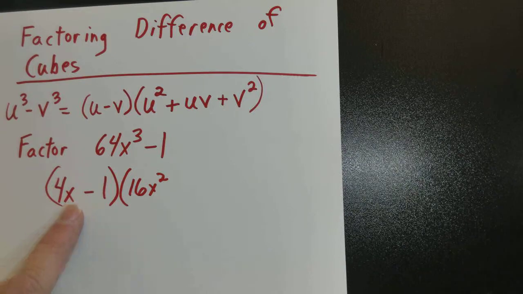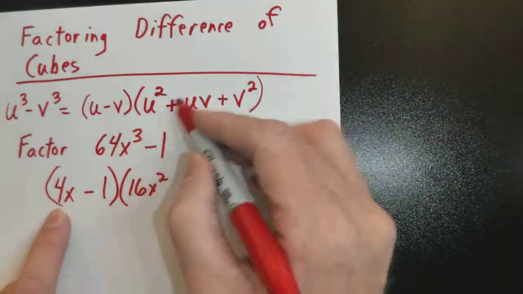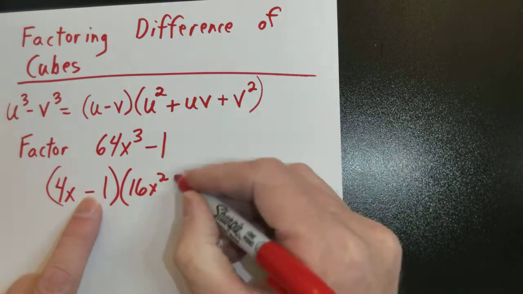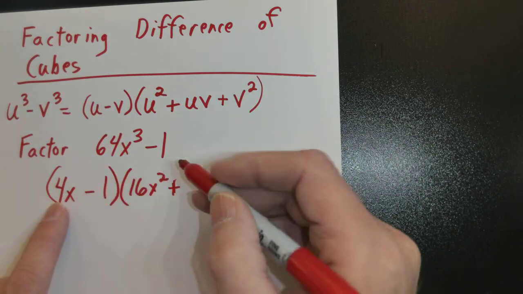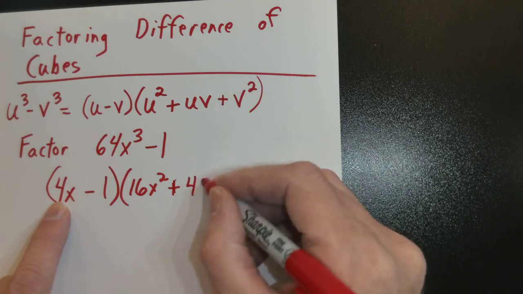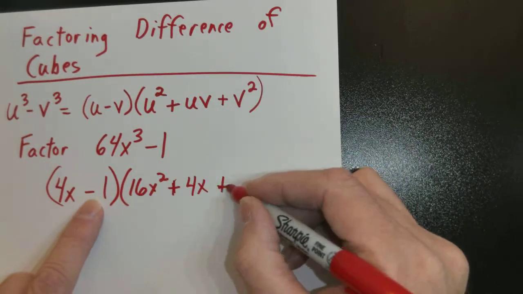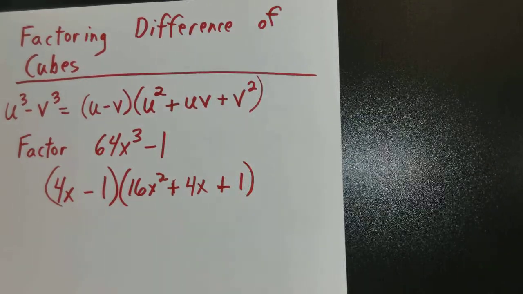I'm using this pattern here. If my u is 4x, when I square it, I'm getting this. This is plus. I've already taken care of the negative right here. So it's plus 4x times 1, which is 4x, and then plus 1 squared, which is 1. You guys okay with that?